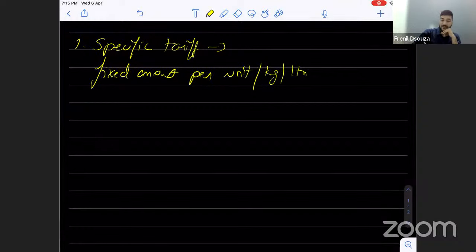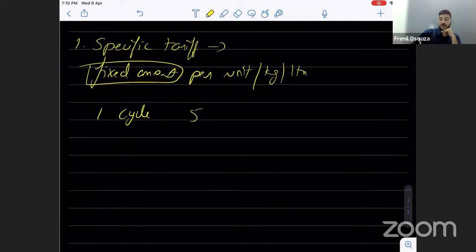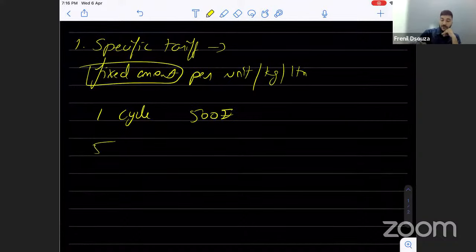So it is a fixed amount. In the sense, if I import one cycle, let us say the import duty on that is 500 rupees if it is a specific tariff, and if I import 5, it is going to be 500 into 5, that is 2500 rupees will be the specific tariff.